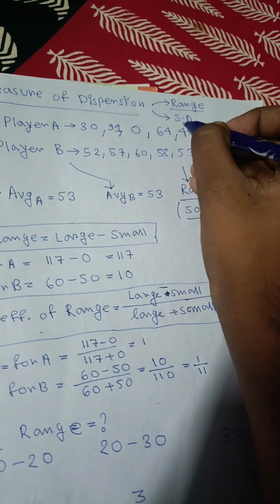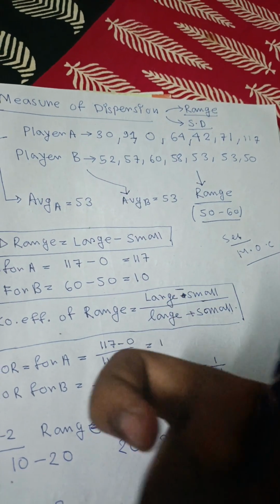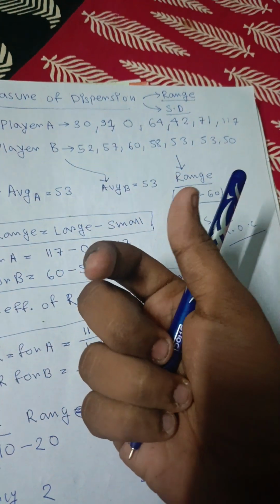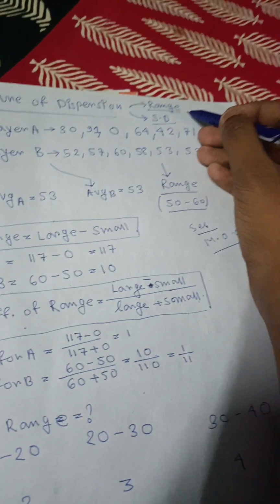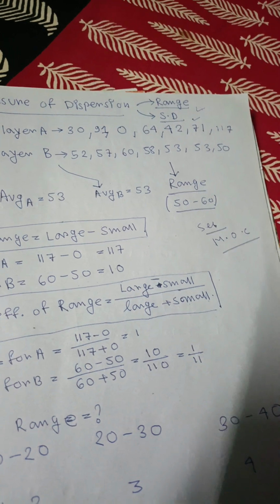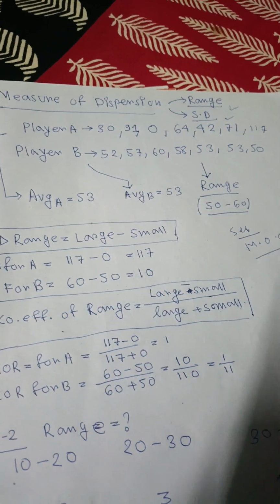One is range and another one is SD. In the initial part, we will see the introduction of dispersion, and in the second part, the calculation part, we will calculate the range and the SD. I will show it in the video later on. So hold with me.